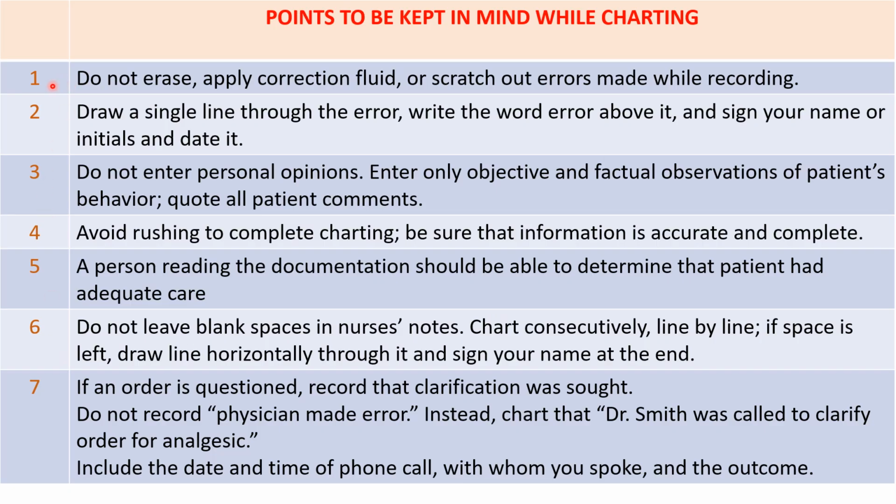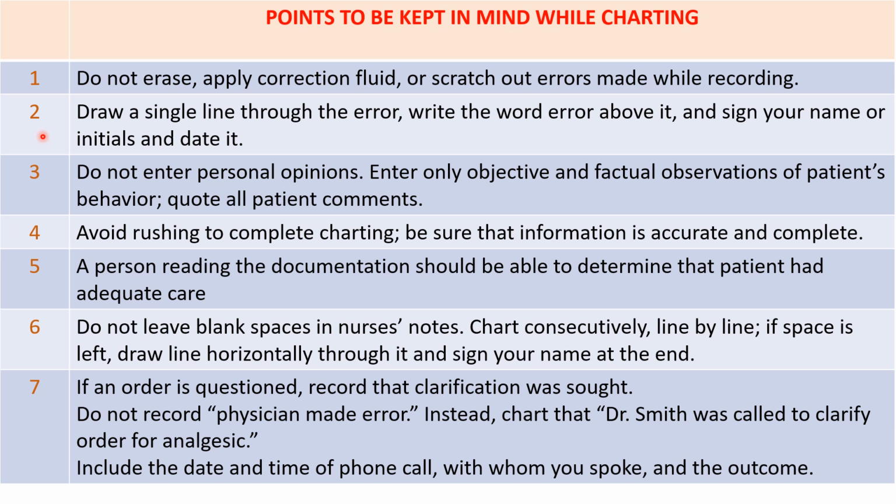Since there are chances we make errors, there should be some points you should keep in mind. Do not erase or apply correction fluid or scratch out errors made while recording. And if you make an error also, draw a single line through the error.